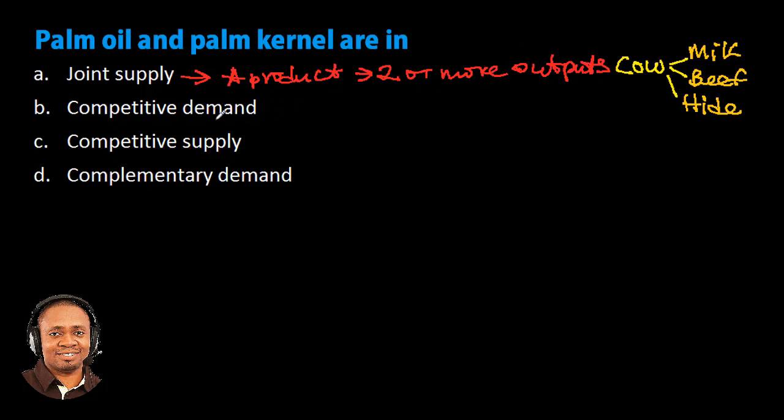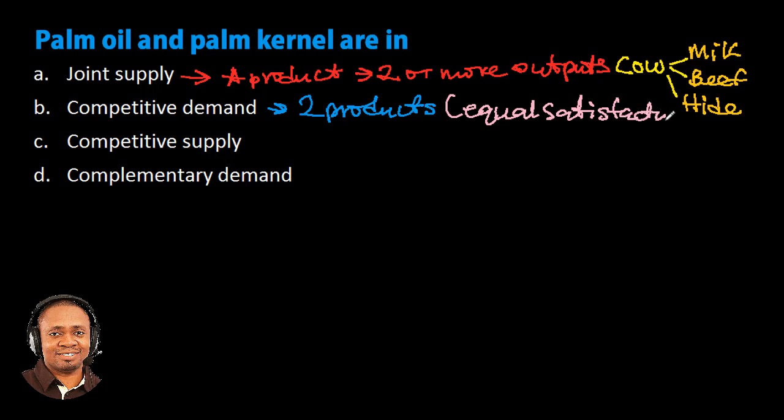What about option B, competitive demand? With competitive demand, if you have two products, you will be able to derive equal satisfaction from these two products.